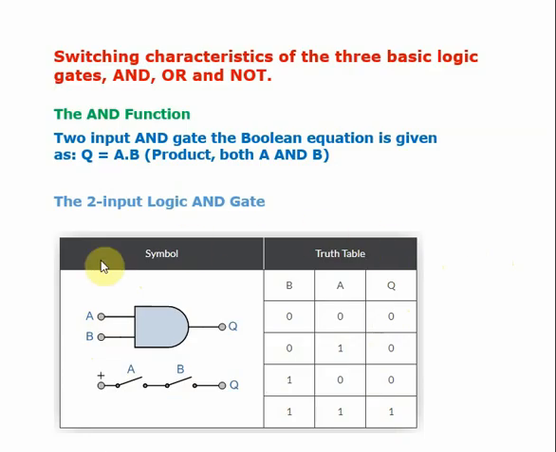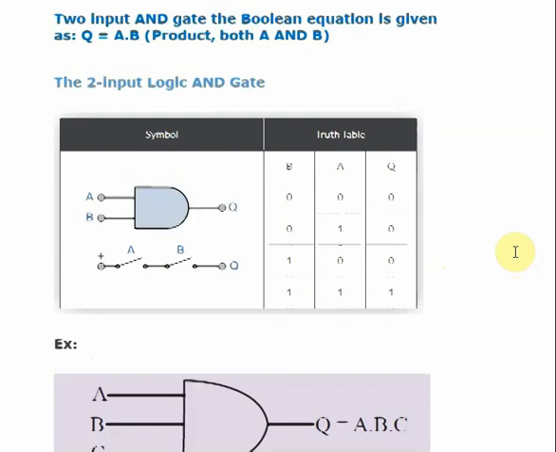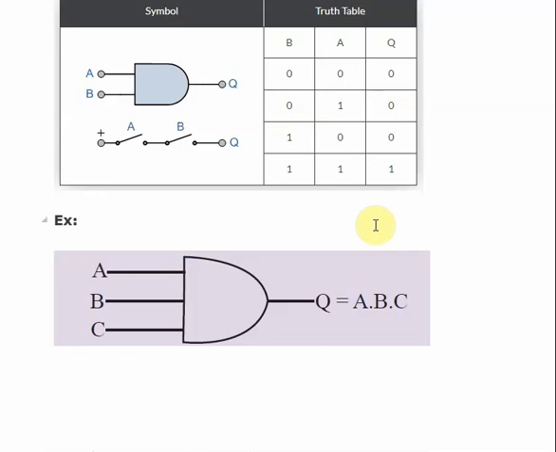We need to understand this very clearly. Once you understand this basic theory, then when we are doing circuits, it is nothing. You can solve any complicated circuit. Now here 3 inputs are possible, right? Always remember, the AND gate is actually a product.